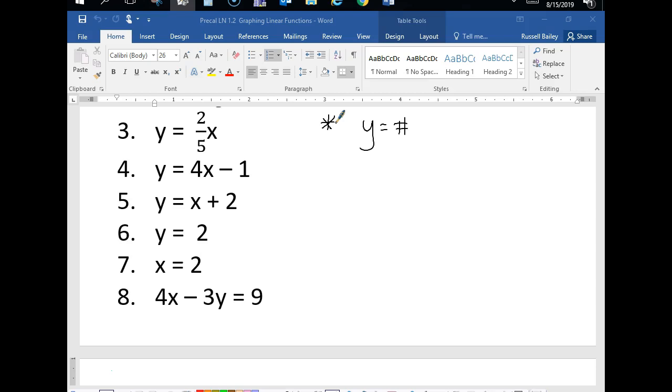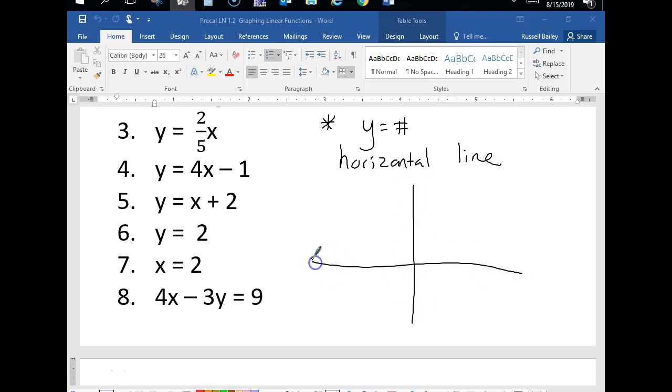Anytime you have y equals a number, it's just going to be a horizontal line. Okay? So in this case, we're looking at y equals 2. I'm going to go up 2, and I'm going to draw a horizontal line through 2. Now, I think what's confusing about that is when we think y, what direction do we usually think?